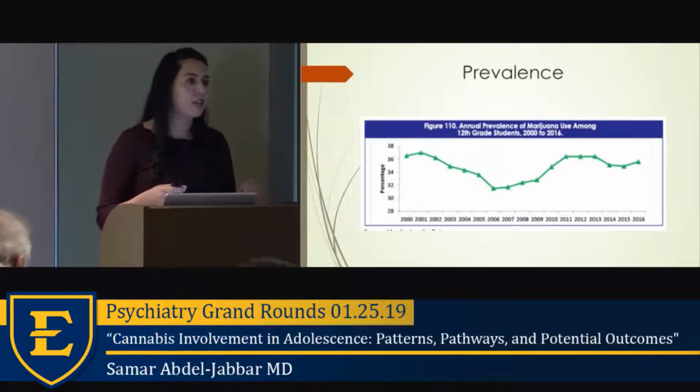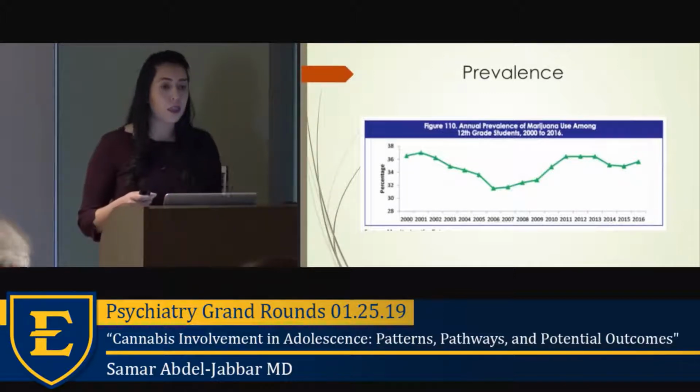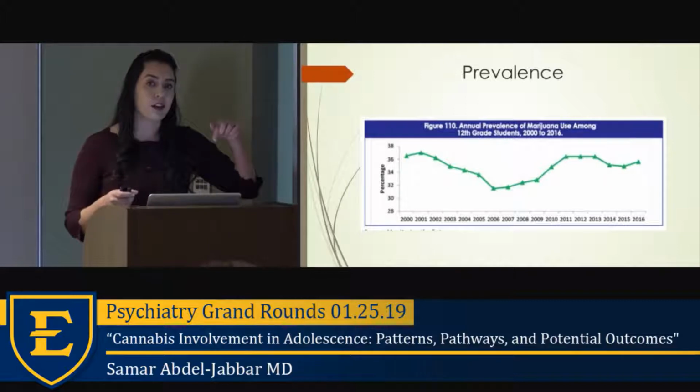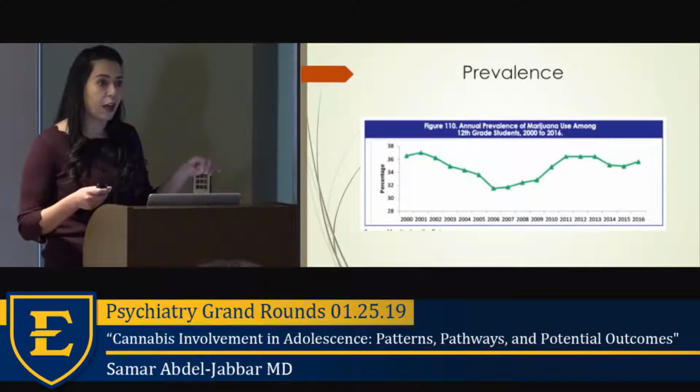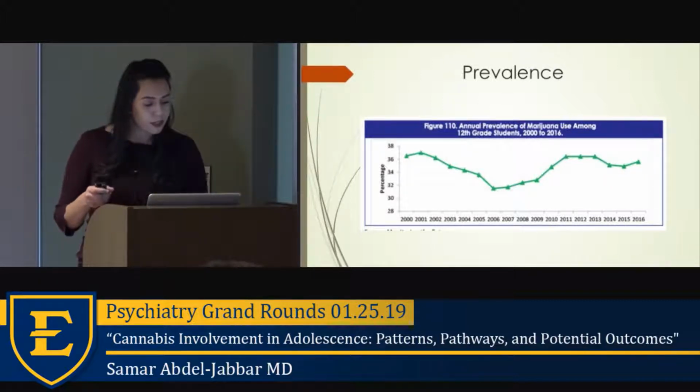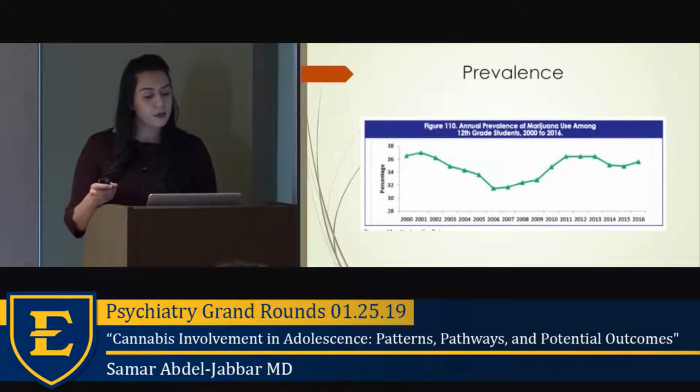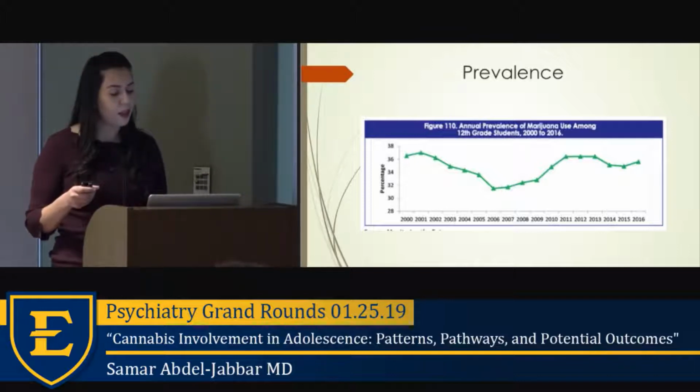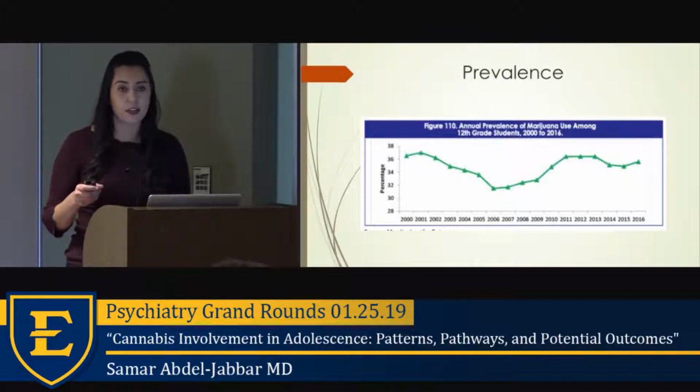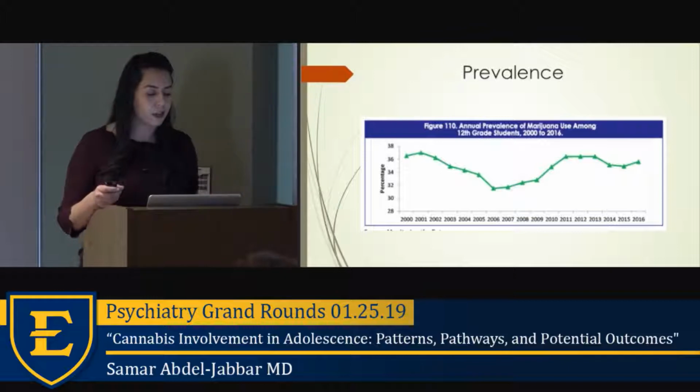Interestingly, the survey also asked students what they thought was in their e-vape cigarettes, whether it consisted of marijuana or hash oil. 8th graders reported about 8.9%, 10th graders about 10.7%, and 12th graders about 11.1% believed there was marijuana in their e-vape.